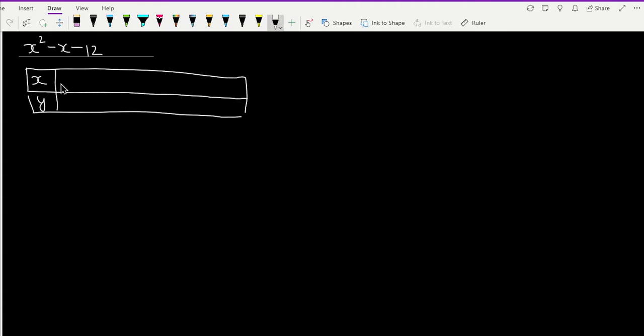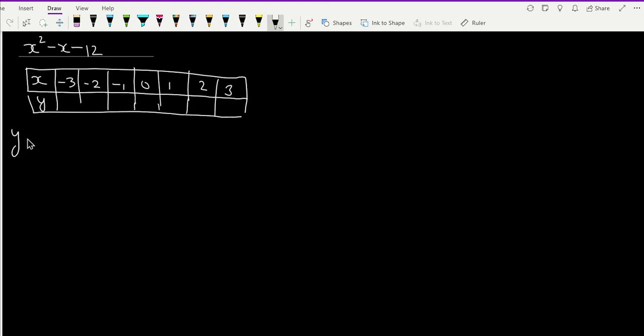So x values we are taking as minus 3, minus 2, minus 1, 0, plus 1, plus 2 and plus 3. So these are our values which we are taking. That is x values we have to take, and next we have to find the y value.